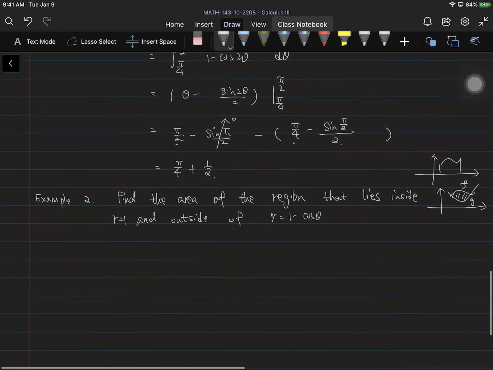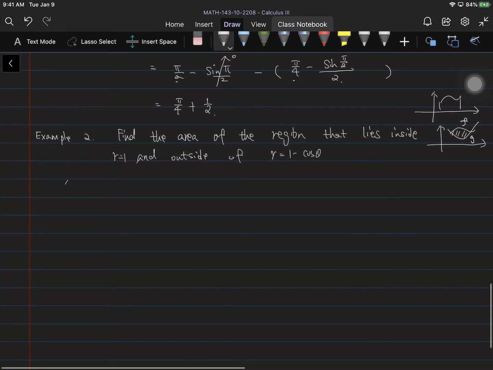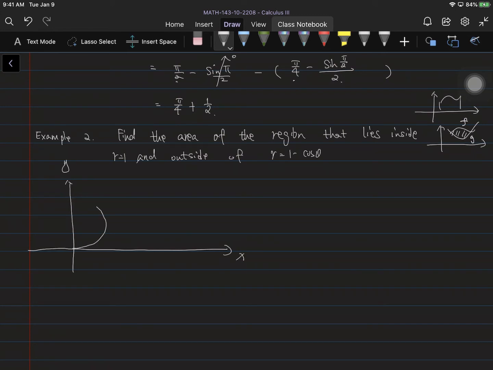Okay, so this region is bounded by two curves. I'm going to draw the graph for you. 1 minus cosine theta is this one, a cardioid. And the circle is r equals 1.